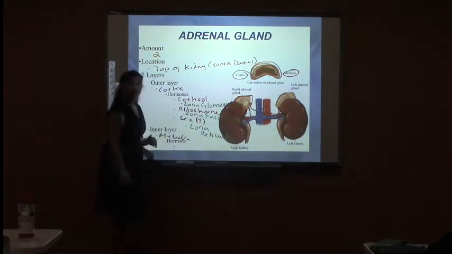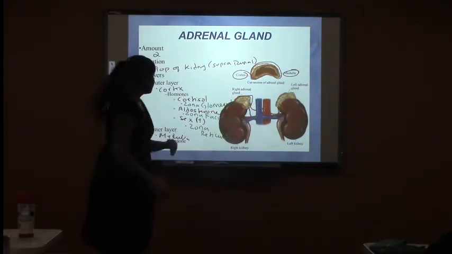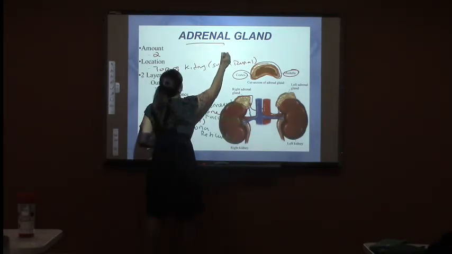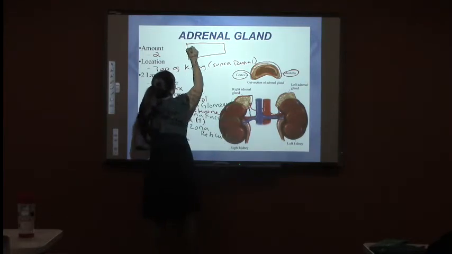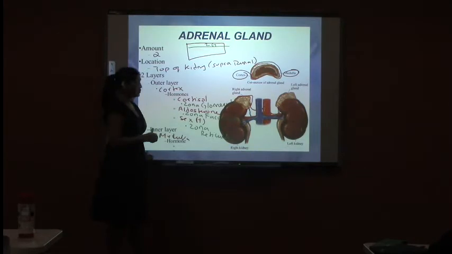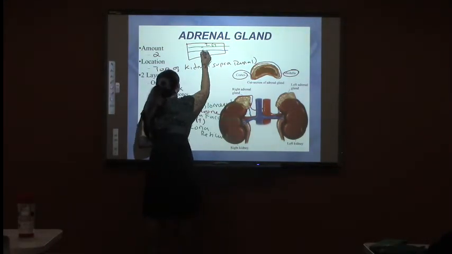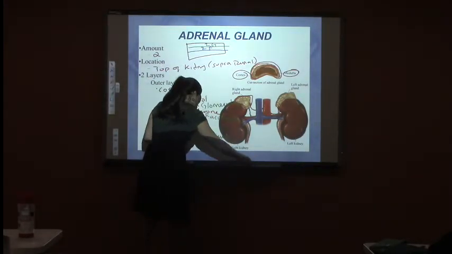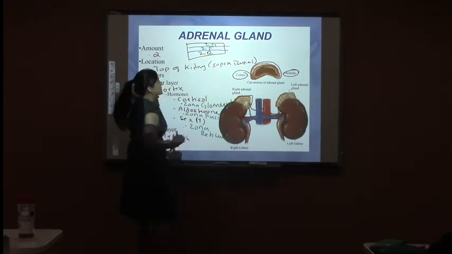Okay? So the cortex has 3 distinct layers. The outermost layer. So if this is the cortex, let's say this is the cortex, correct? The first layer is zona granulosa. The second layer is zona fasciculata. And the third layer is zona reticularis.